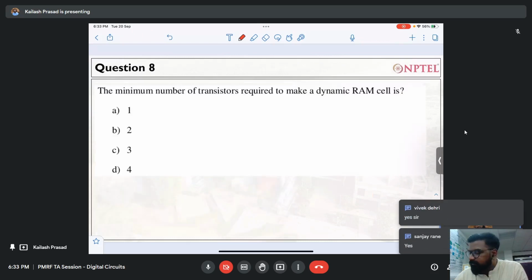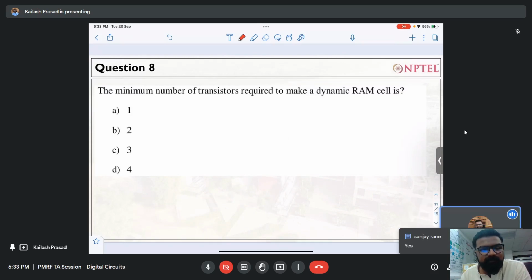Moving to the next question. Again, a very simple one. If anybody has heard of a dynamic random access memory cell, a DRAM cell, can anybody tell me how many transistors are in a DRAM cell, a dynamic RAM cell?